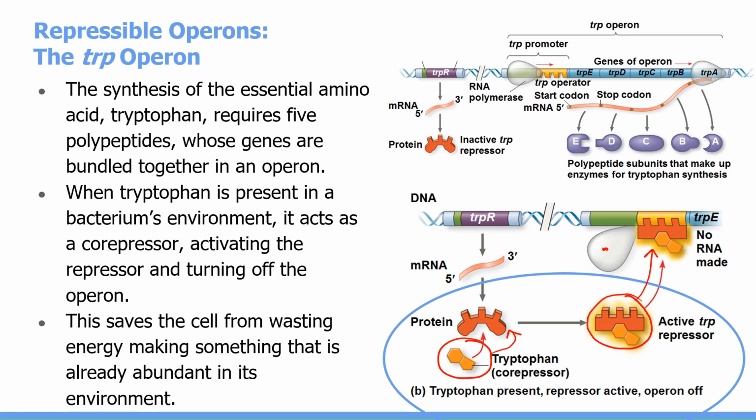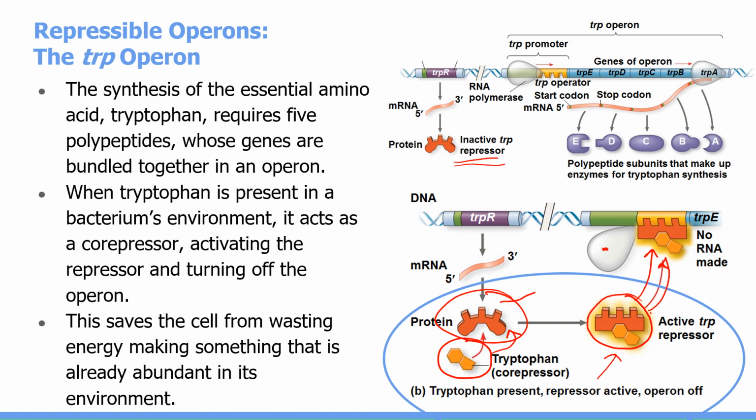But that tryptophan, once produced and once in abundance, can bind to the repressor, and that repressor is considered to be activated. And then that activated repressor can go ahead and bind to that operator, blocking the RNA polymerase from transcription. So again, like I said, repressible means that repressor is inactive.